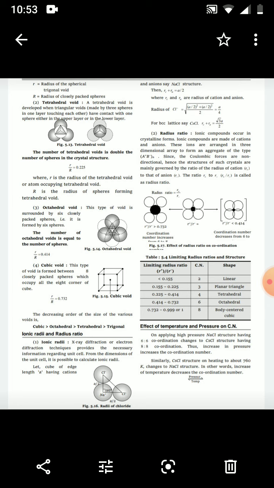the competitive exams. These topics are the relation in the radius of the particle and voids in tetrahedral and octahedral, coordination number, radius ratio, and the geometry or shape of the crystal.